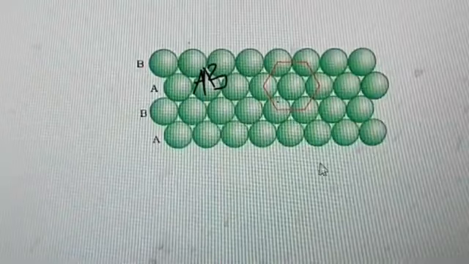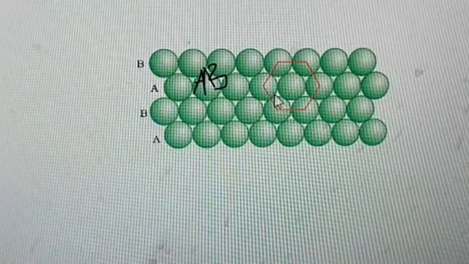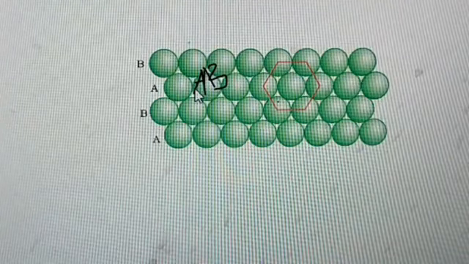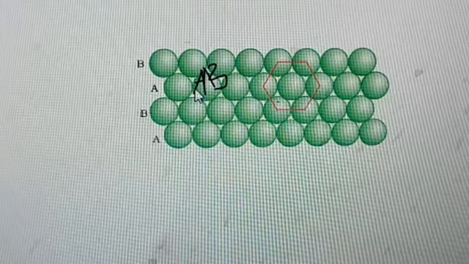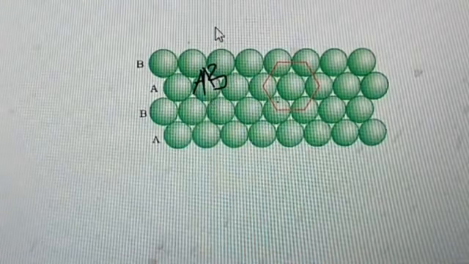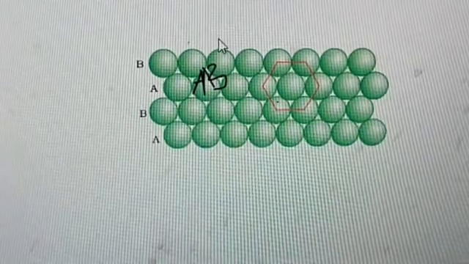in this arrangement, when we compare with the first one, that means the AA type of arrangement, the space between the constituent particles is very less. As there is less free space, the AB arrangement packing is more efficient than the AA arrangement. Why?